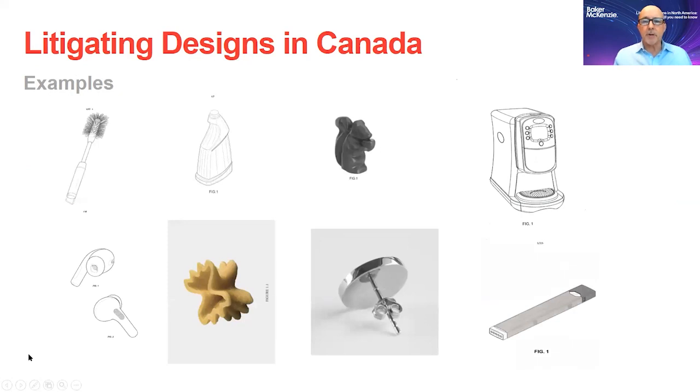These are just a few examples of the types of products we've seen protected by industrial designs, and clients are applying for these far more regularly, although there hasn't been a lot of enforcement. In our practice, a lot of these applications in Canada relate to food and packaging for consumer goods.